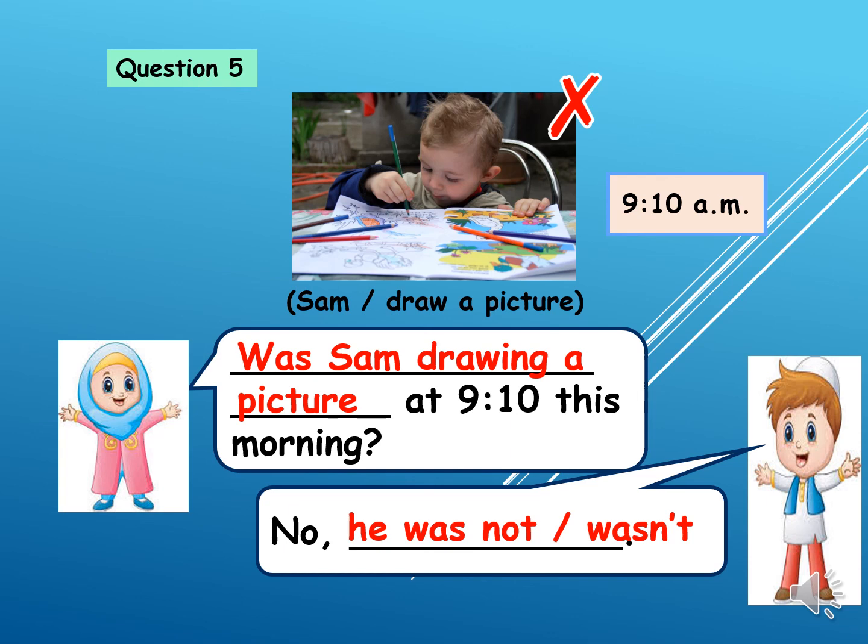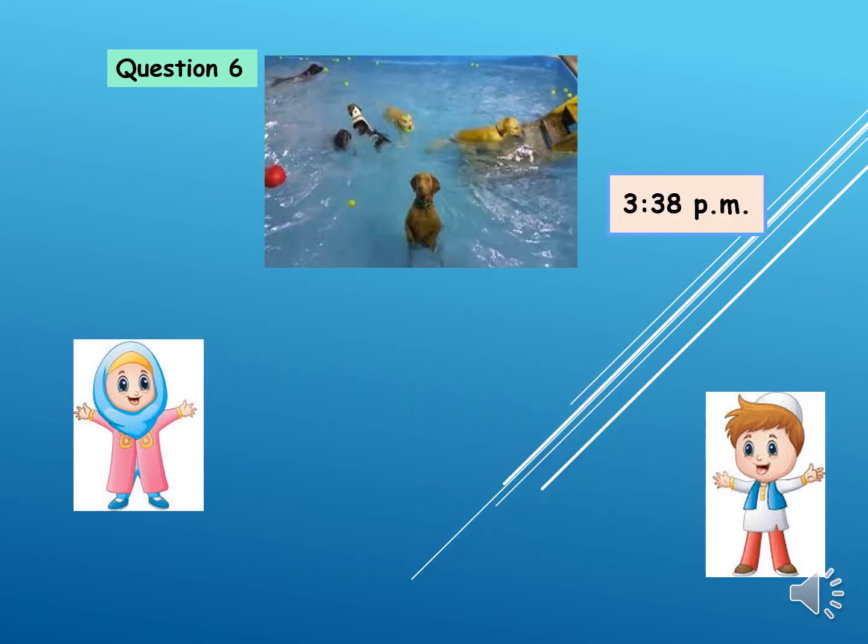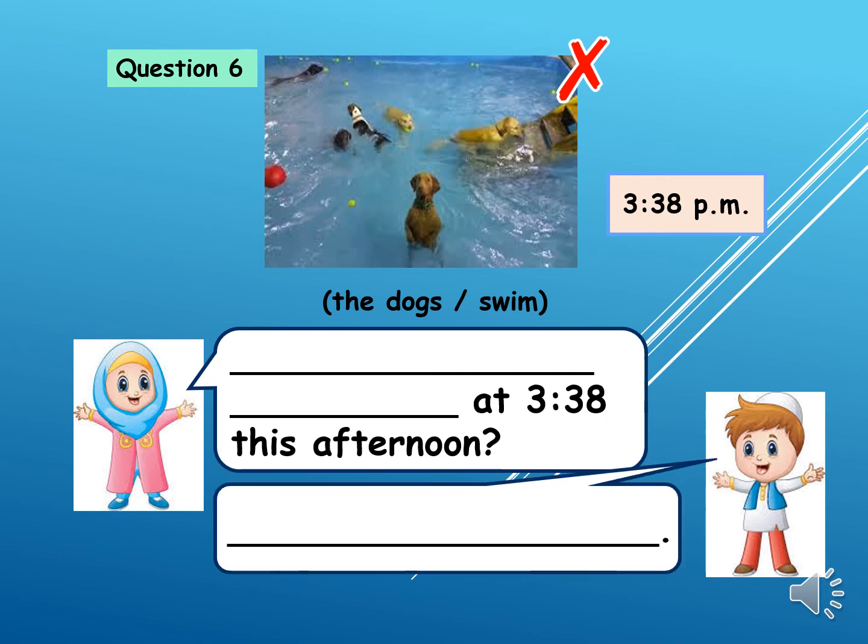Good. Here comes the last question. Are you ready? Let's go. Okay, it's question 6. Again, the subject is the dogs. Action, swim. Do you know how to form the question and answer?